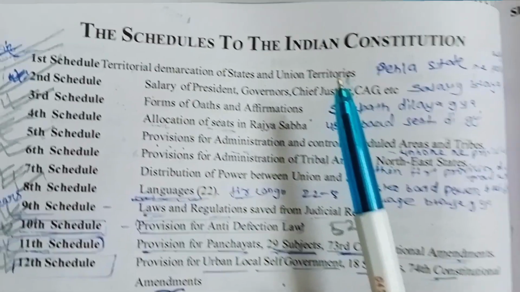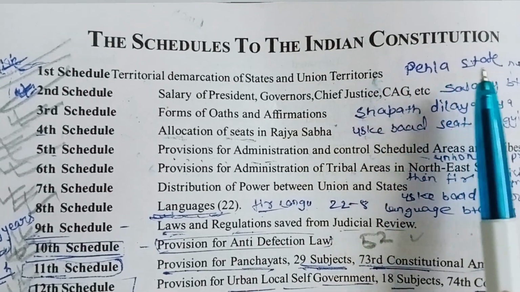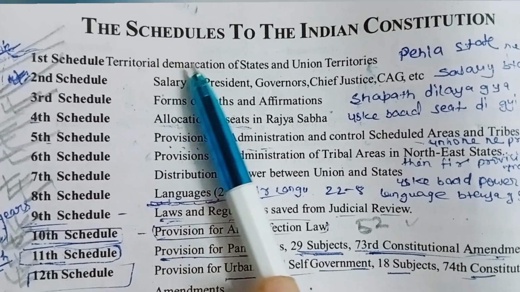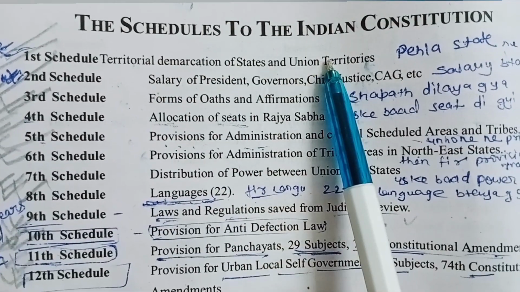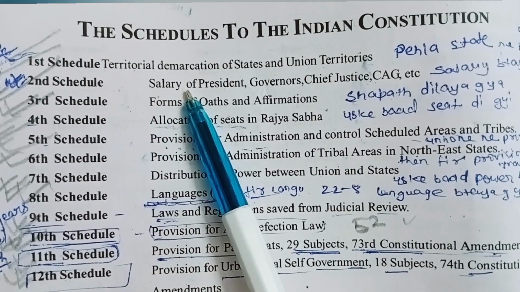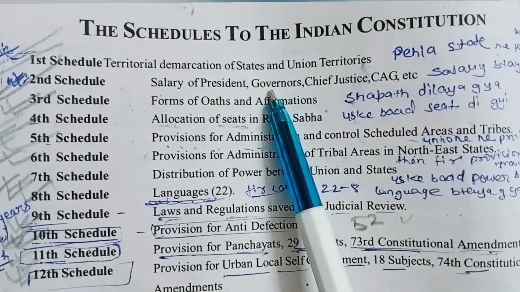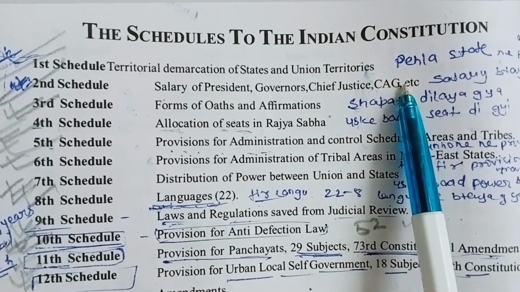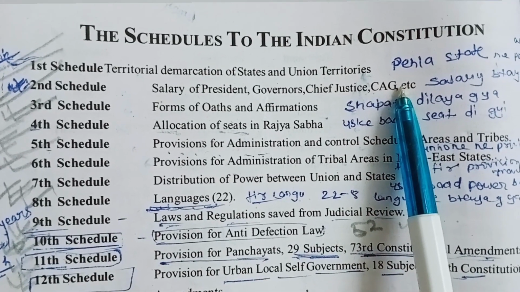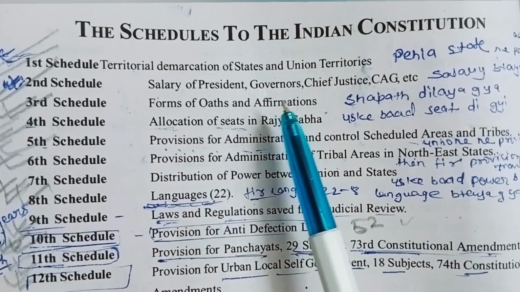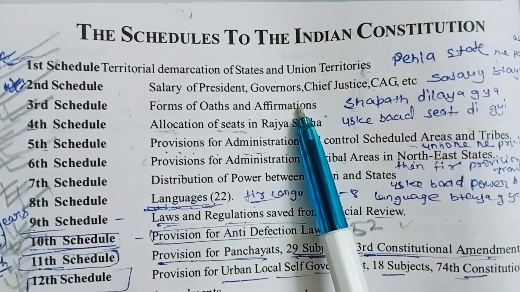Now schedules to the Indian Constitution. There are 12 schedules. One talks about the territorial demarcation of states and union territories. Second, salary of the president, governors, chief justice, CAG, etc. Third schedule, forms of oath and affirmation when a president takes the oath.